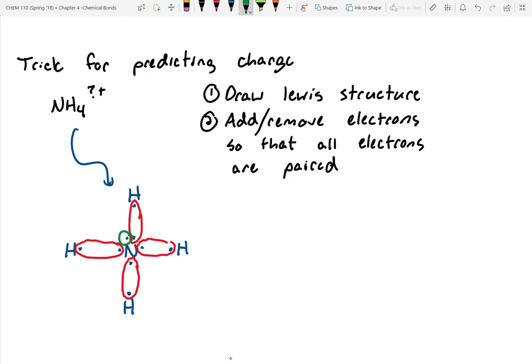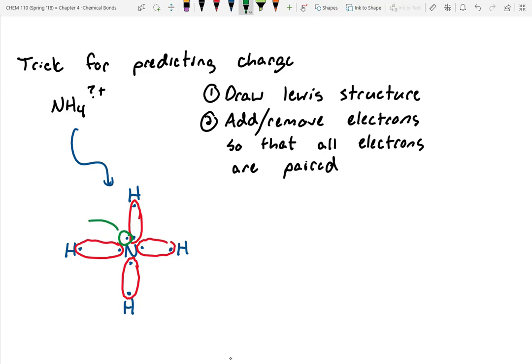But I got a problem here. I've got this unpaired electron. Would it make sense to add a second electron there or take it out? And why? What would happen if we added one more electron to it? We'd have too many. It'd be more than an octet. We said atoms, if possible, prefer to have an octet, right?